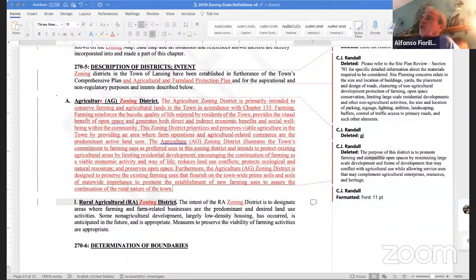If there's enough distance from the working fields, then it doesn't go to the site plan. Is that something we could look at and say, if it falls into X, it goes to site plan, but if it falls under Y guidelines, then it doesn't go to site plan? CJ, is that a possibility?